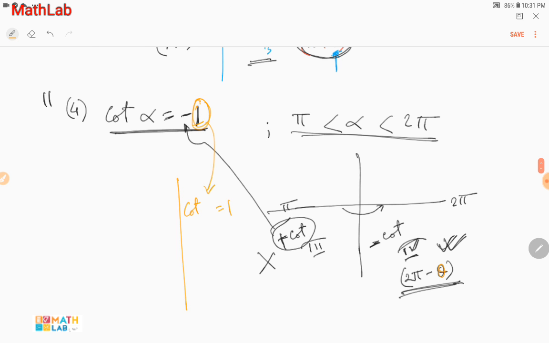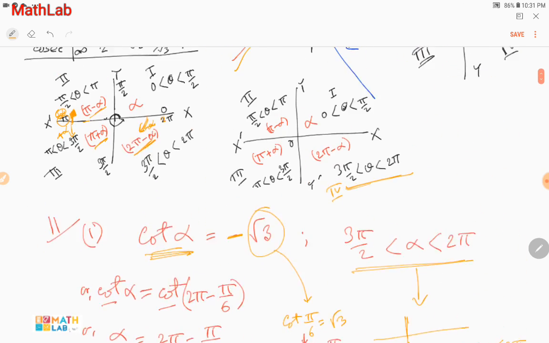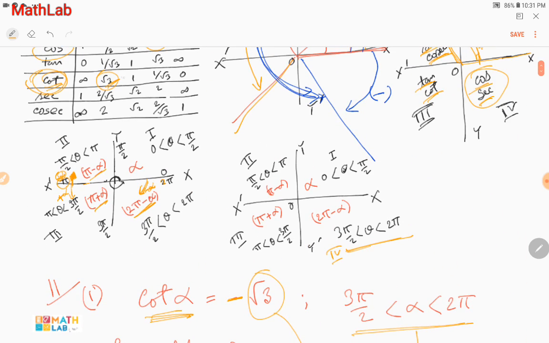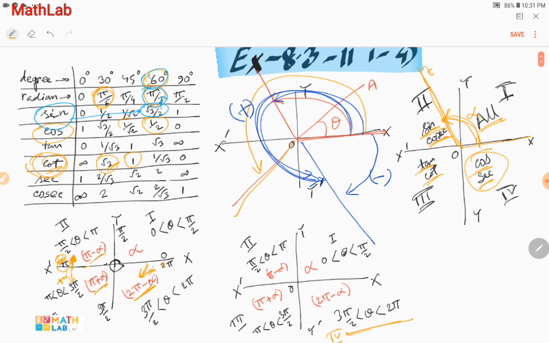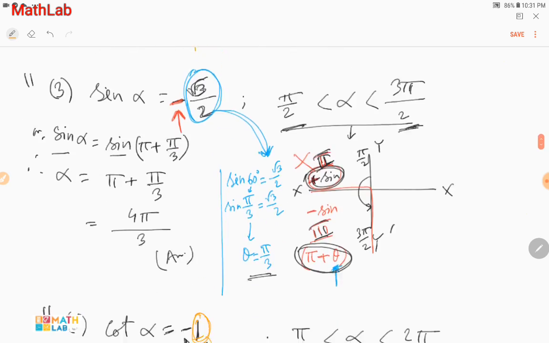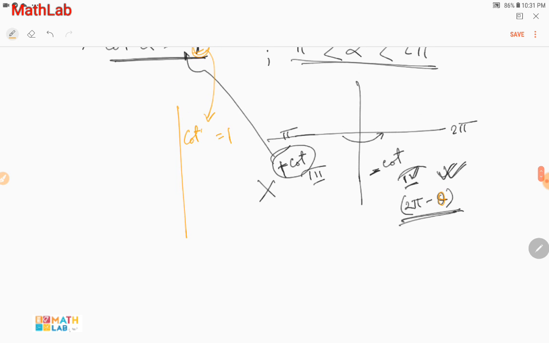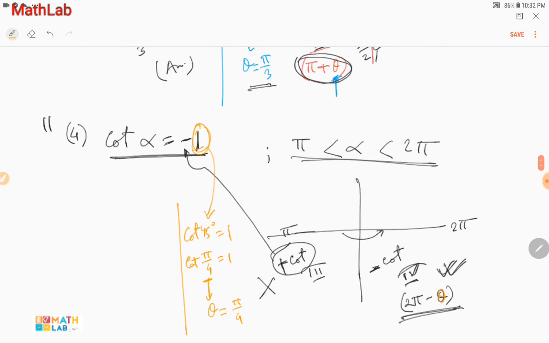For cot, what degree equals 1? Pi by 4 or 45 degrees. So we know that cot 45 degrees, or in radians cot pi by 4, equals 1. So this is the value of theta. That means theta equals pi by 4.